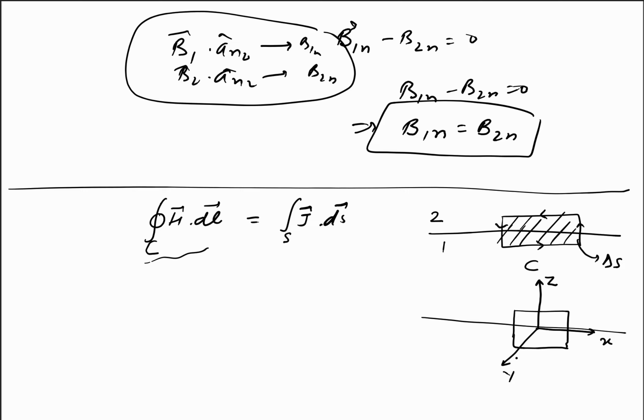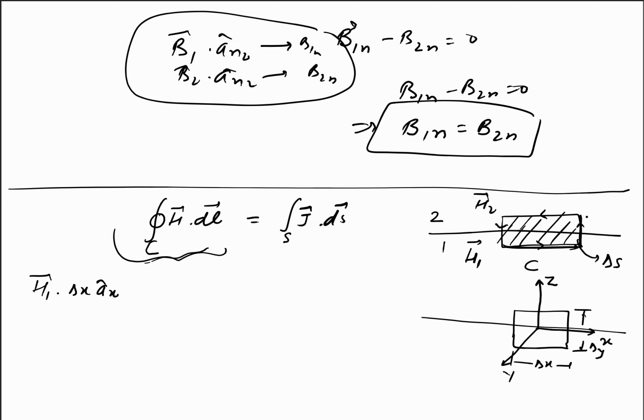Let us say this is delta x, this is delta y. Let us solve this part first. Here let us say H1 is there and here H2 is there. So for this part, H1 dot delta x ax will be there.